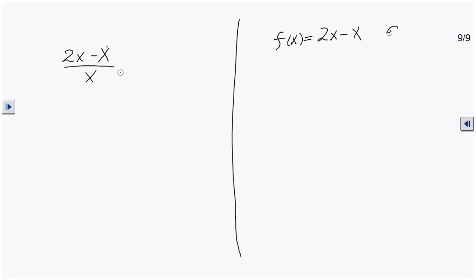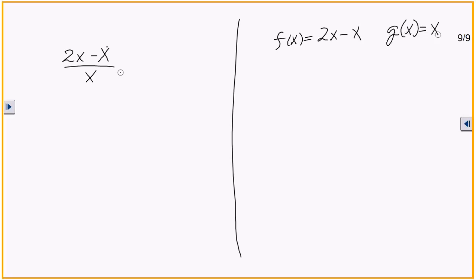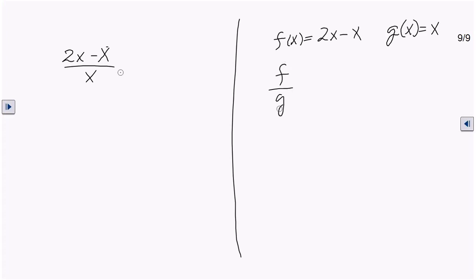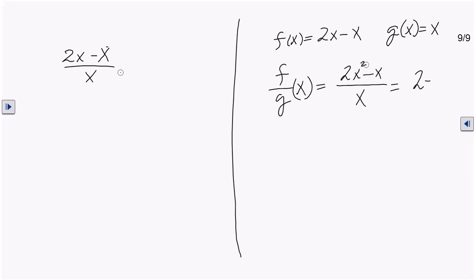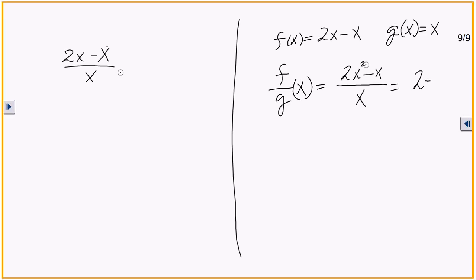G of x is equal to x. And we want f divided by g of x, which is equal to 2x minus x over x, which is equal to 2 minus, oh, well, I messed up. I should have made it x squared. That should be an x squared.